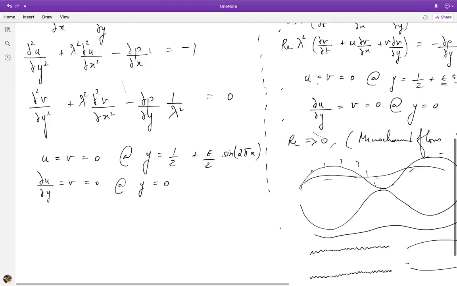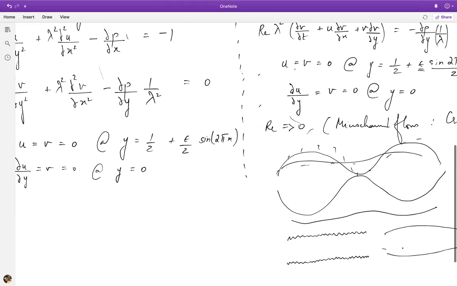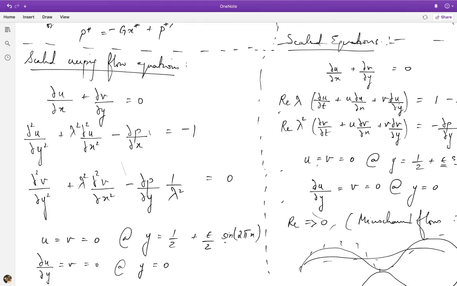In either case, we are not going to make any assumption on lambda here. We will treat the problem for arbitrary lambda, which means we can cover both these cases. But we will require that the amplitude of the waviness, which is epsilon, is going to be small. And that's what will allow us to use a domain perturbation.